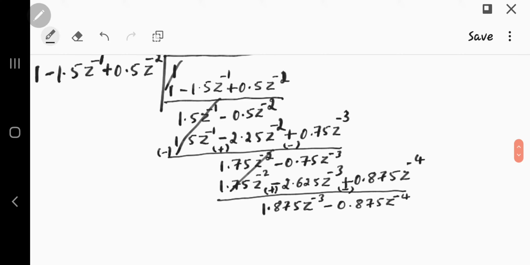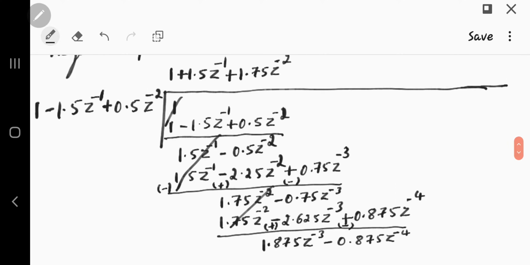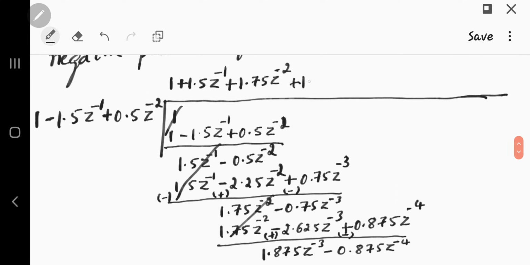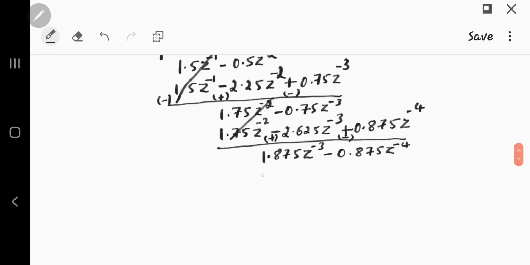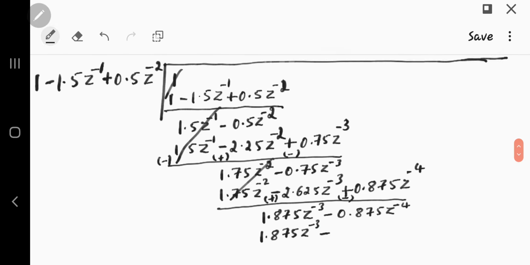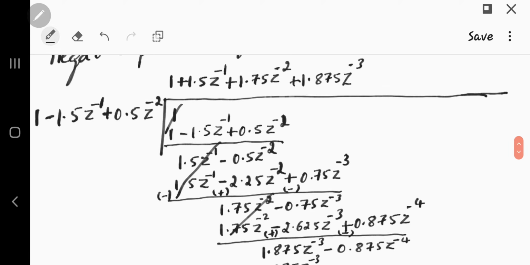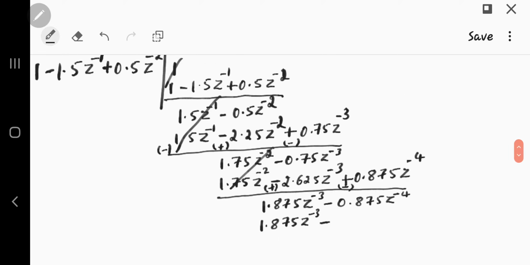So now I have to eliminate 1.875 Z power minus 3. So I will multiply with 1.875 Z to the power of minus 3 here. So again multiplying that, 1 into 1.875 Z power minus 3 will get the same, minus 1.5 into 1.875.